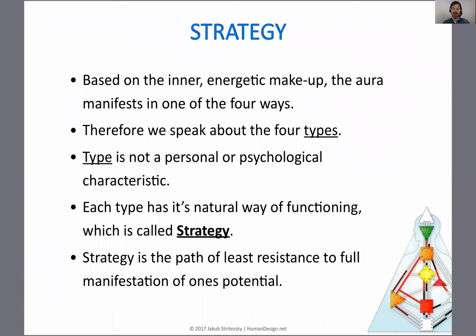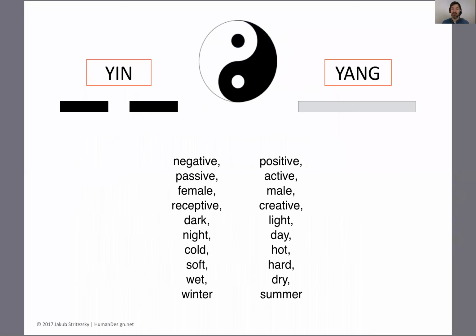And the victory means for each of the 4 types something different. Manifestors are looking for peace, projectors for success, generators for satisfaction, and reflectors for surprise.